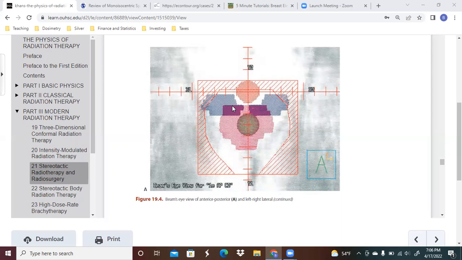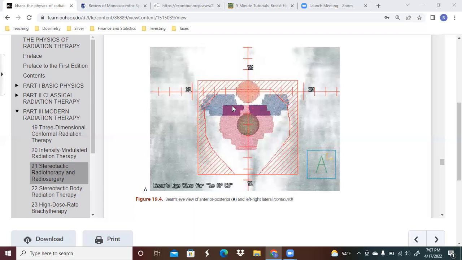So I want to run through and just describe a little bit about each type of planning, because that is something that you will be exposed to going forward. Now, for as long as I've been in the discipline of dosimetry, you have seen some changes regarding how planning is done.